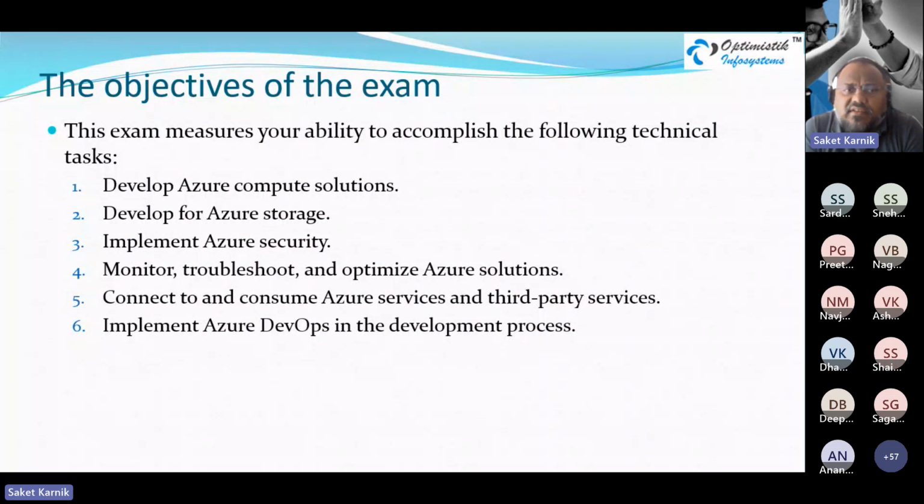The first category was developing Azure compute solutions, followed by developing for Azure storage, followed by implementing Azure security, followed by monitoring, troubleshooting, and optimizing Azure solutions, followed by connecting to and consuming Azure services and third-party services. And then the last was implementing Azure DevOps in the development process from the developer's point of view, right? So these are the main objectives.